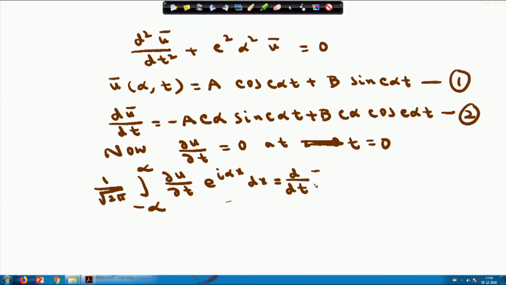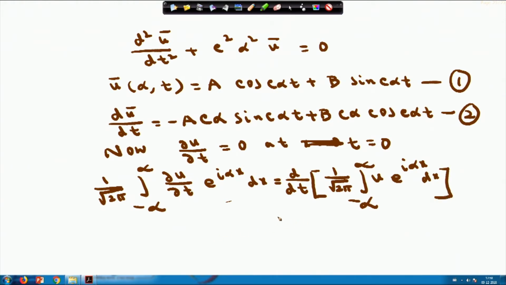So, d/dt of 1 by root 2π, minus infinity to infinity u into e^(iαx) dx, and this is nothing but ū.